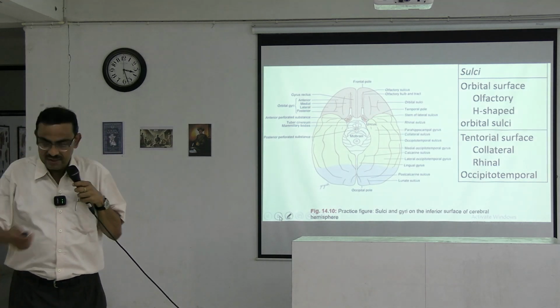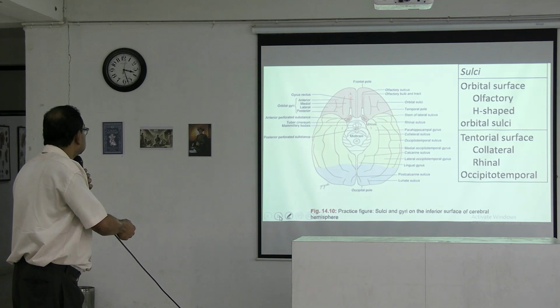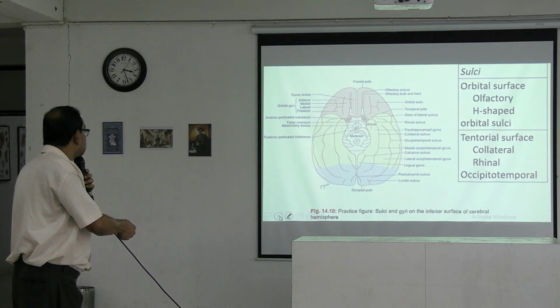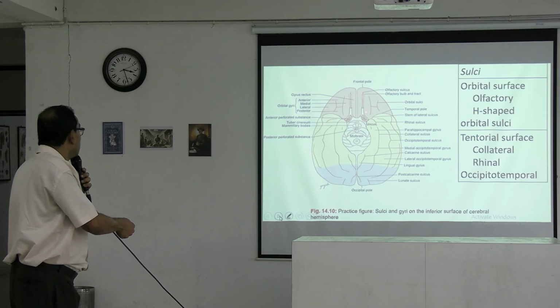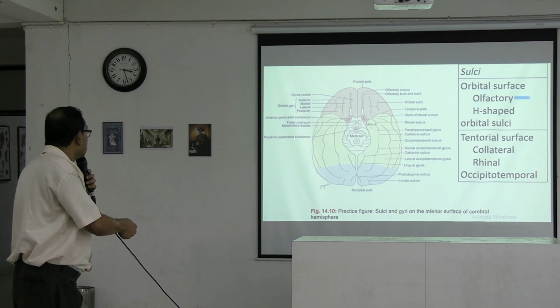Here what we get, olfactory bulb and olfactory tracts. And medial to this olfactory bulb and olfactory tract, we can get a straight gyrus, which is called gyrus rectus. Gyrus recti.